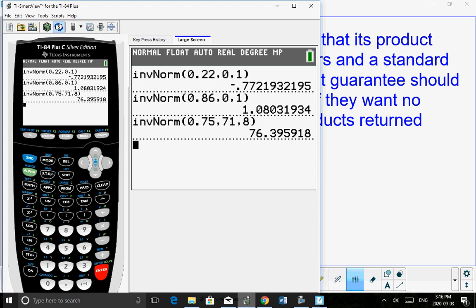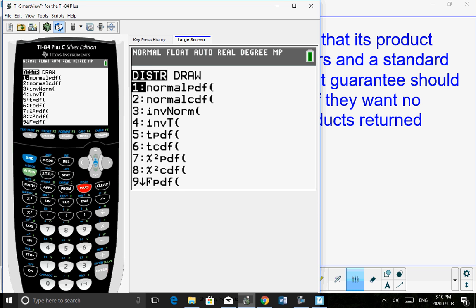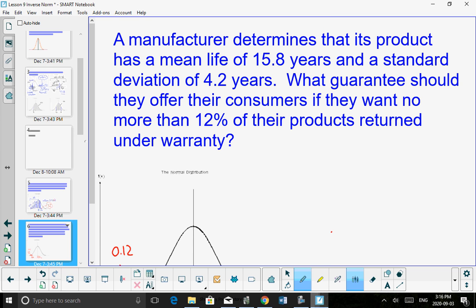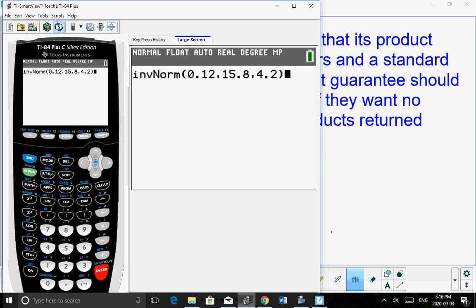Now we just use the Inv norm. Second vars, number 3. The area is 12%. The mean was 15.8 years. And the standard deviation was 4.2. We're going to paste that in.